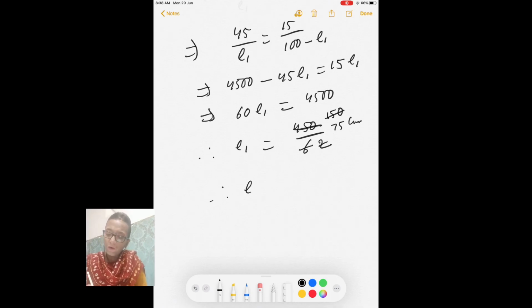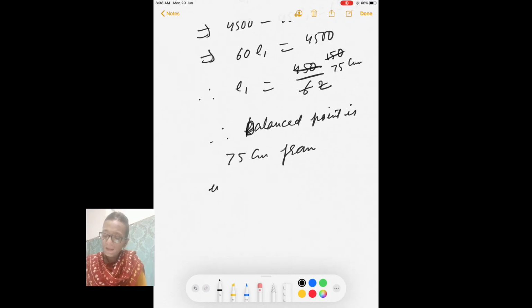So therefore the balanced point is 75 centimeter from the initial point.